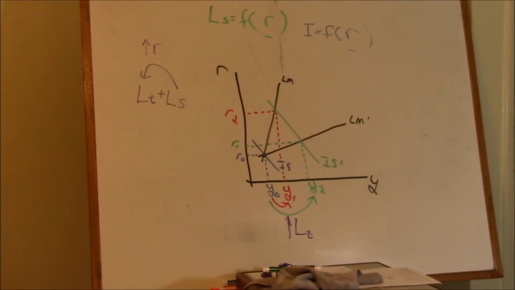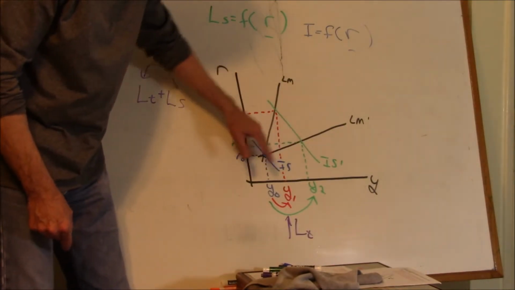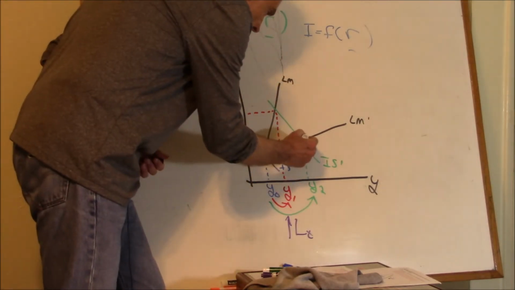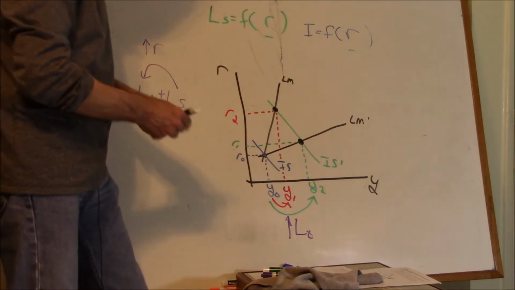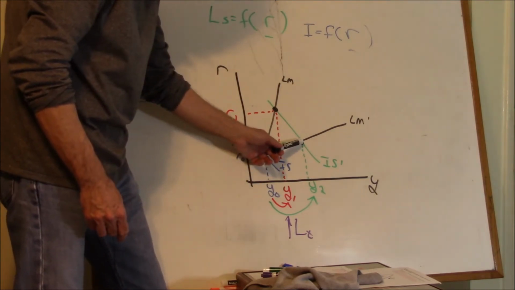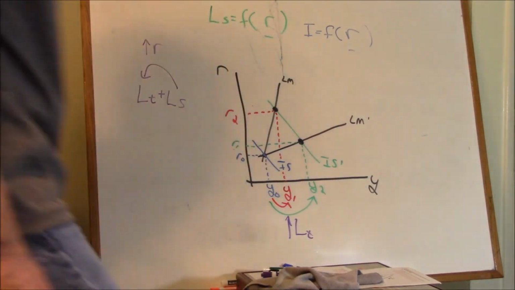Thus, there is a smaller fall in investment on this IS curve. There's the new point of equilibrium, depending on which curve we're on. There is a smaller decline in investment on the way up the IS curve to the new point of equilibrium on the flat curve than there is on the steep curve.